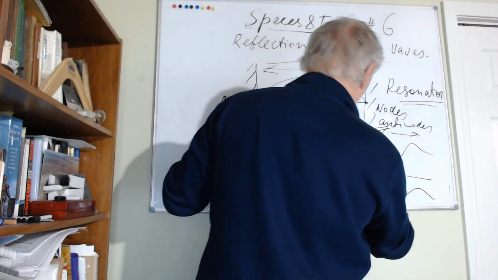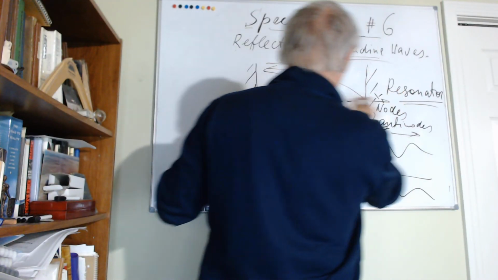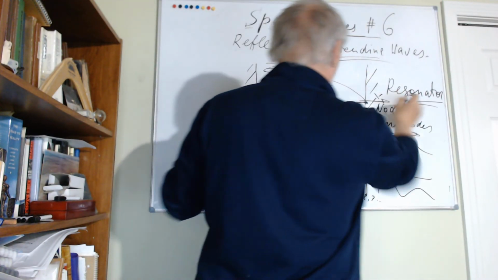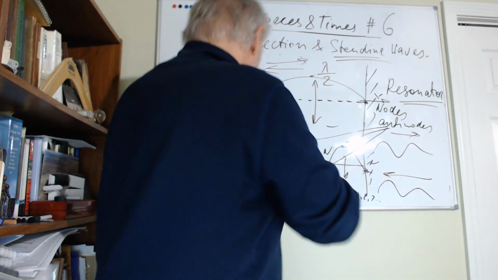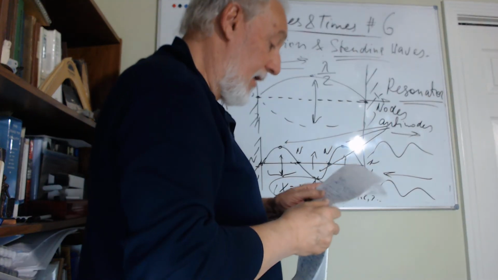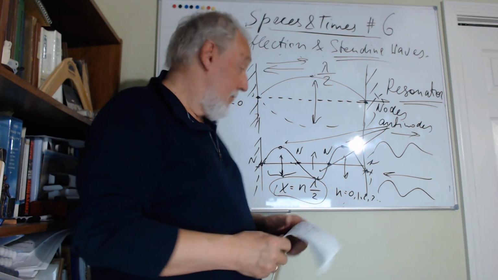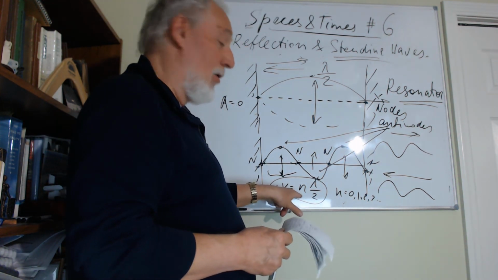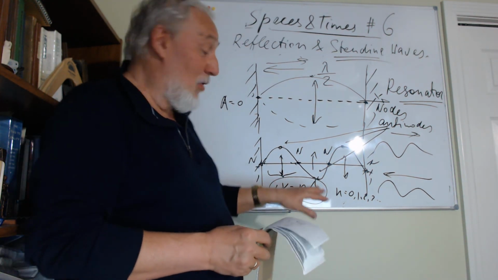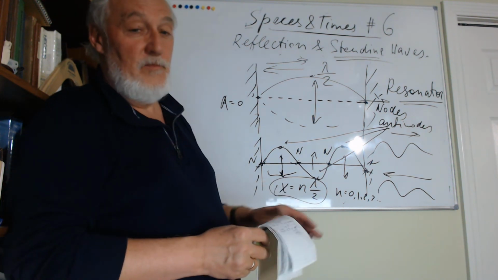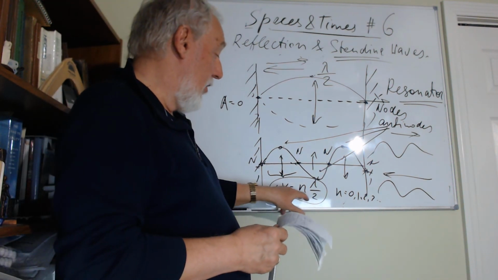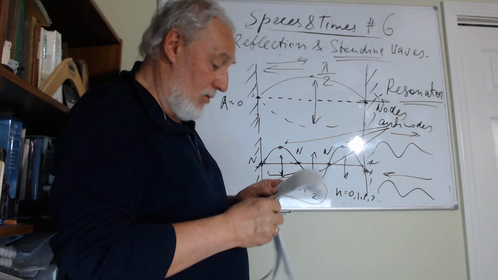So the formula for nodes, this is from 0 to x, right? The formula for nodes in a standing wave. I already wrote it for you. You may try to derive it too. This is for nodes, and I ask for antinodes.